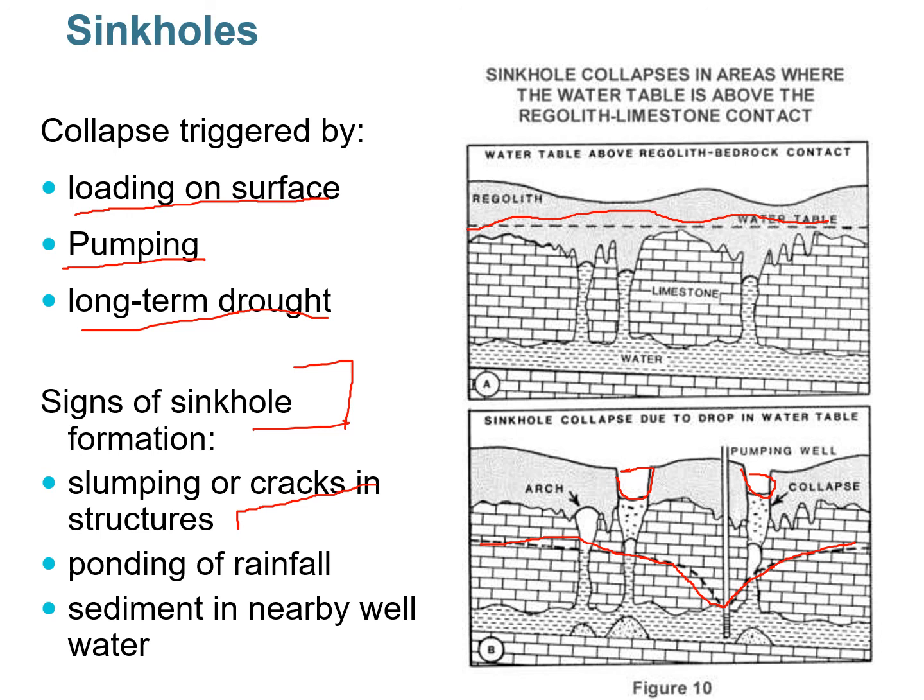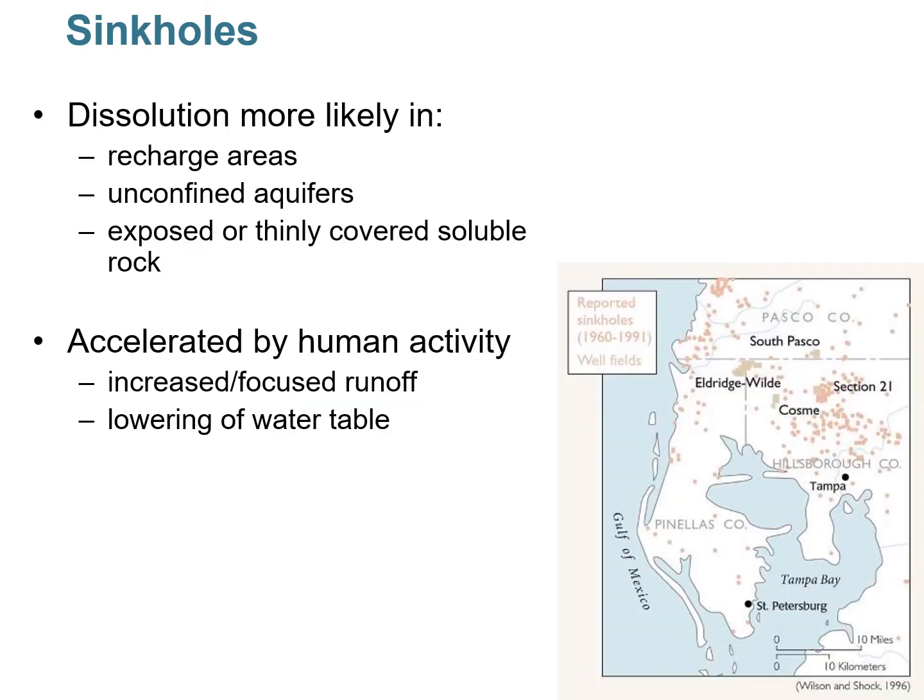Sediment in your nearby well could be an indication. Or if you open up a door in your house and it just swings wildly open, that's because perhaps the whole frame is tilted. Those are worrying signs that there could be a sinkhole forming in your area. Okay.